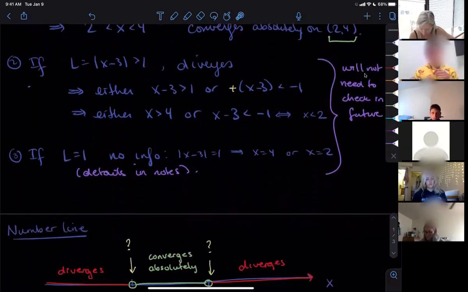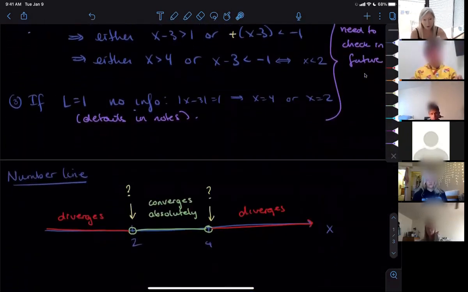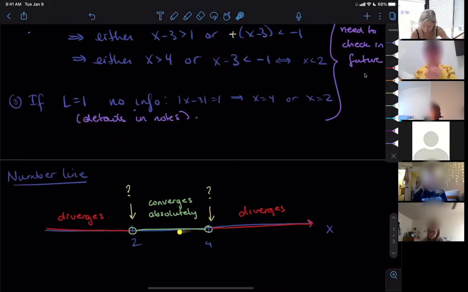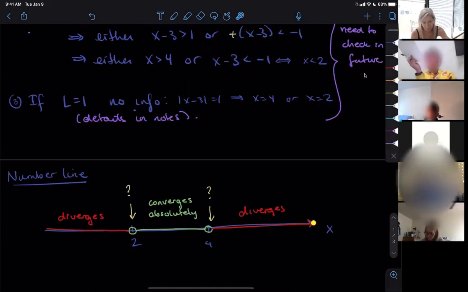So putting everything together, this is what we've found so far: for all these x values between 2 and 4, it converges absolutely. If x is bigger than 4 or smaller than 2, it diverges. And right at these two places, when L is 1, we don't have any information at all.